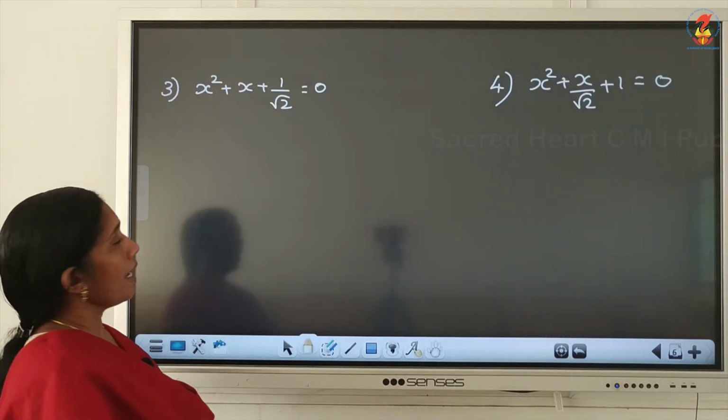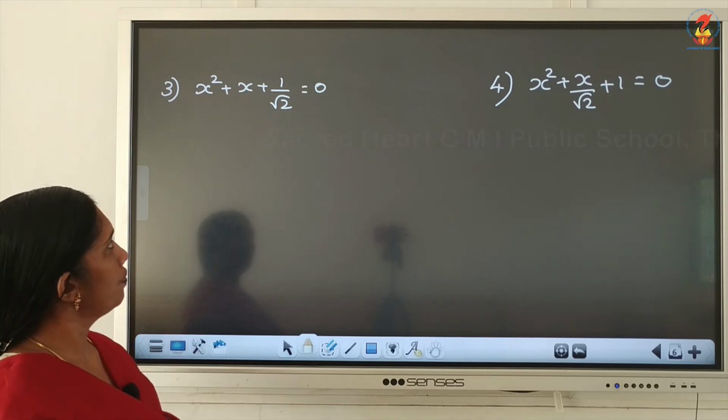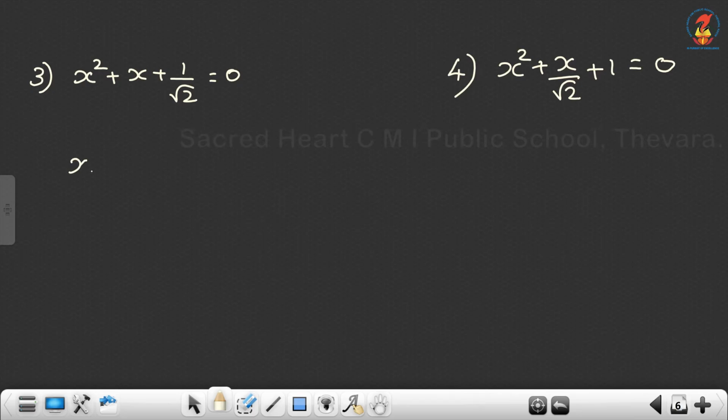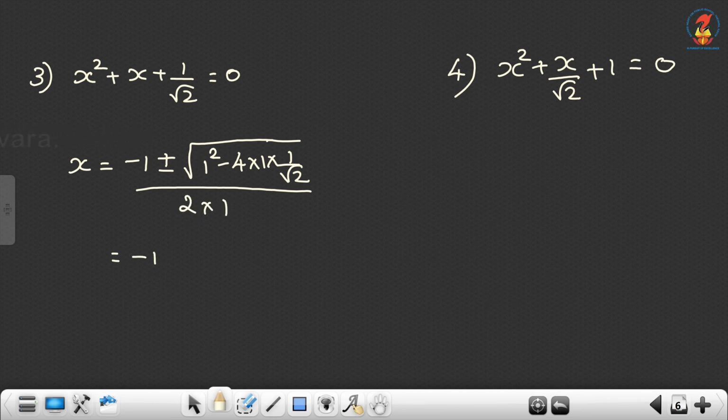Now, the next, x square plus x plus 1 by root 2 is equal to 0. So, x is equal to minus b, that is minus 1 plus or minus root of b square minus 4 into a into c by 2 into 1. So, minus 1 plus or minus root of 1 minus 4 by root 2 by 2.